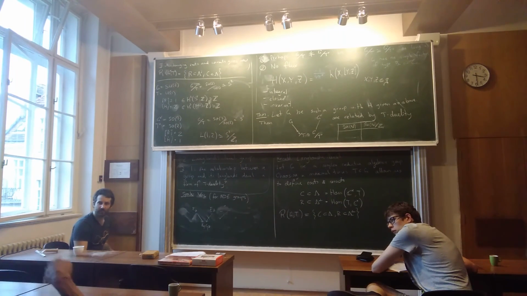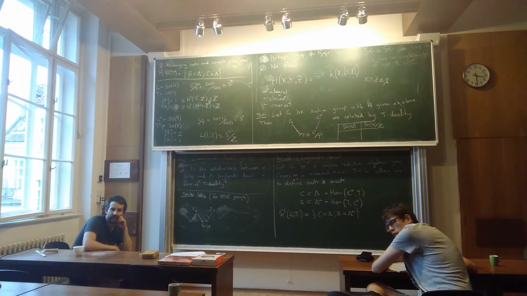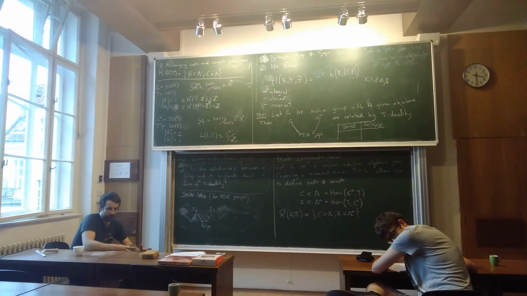And there is some ADE classification of unitary conformal field theories. I think this has nothing to do with this, but I think it's just that B and C, because of the structure of their Cartan matrices, because they're not symmetric, these are the non-symmetric ones, right?